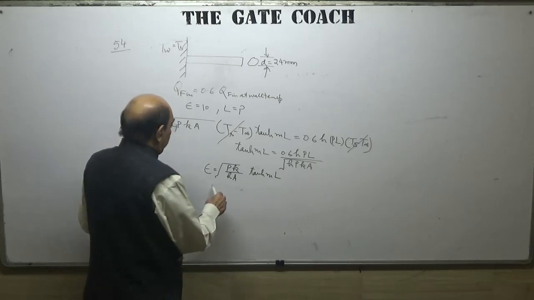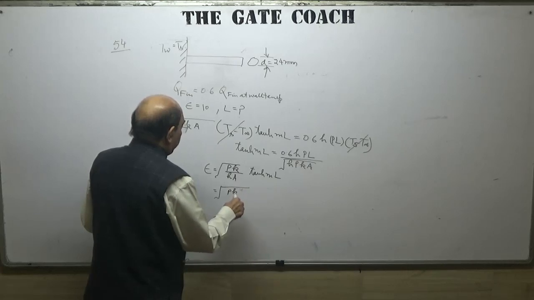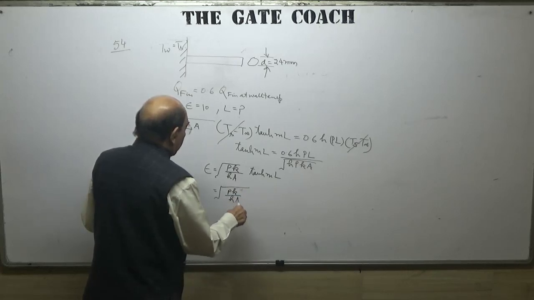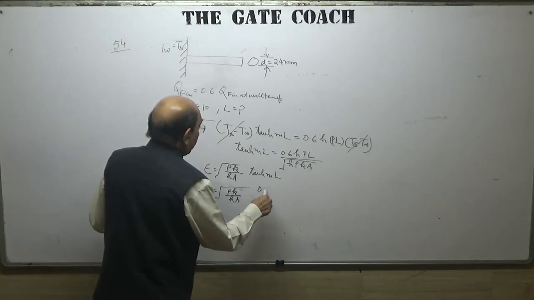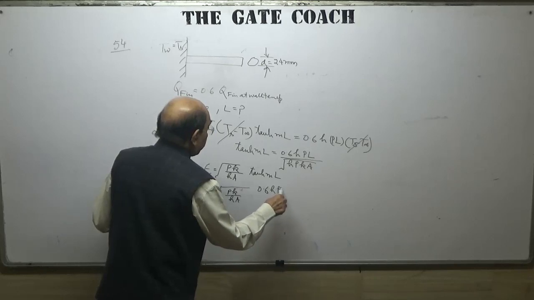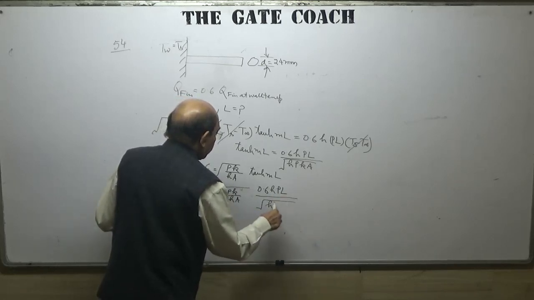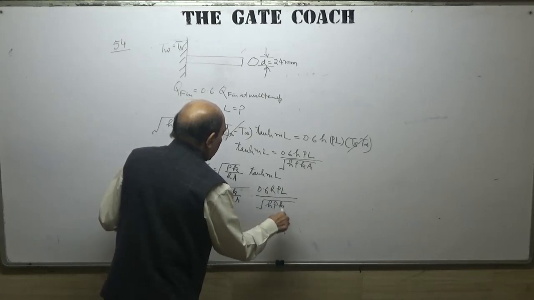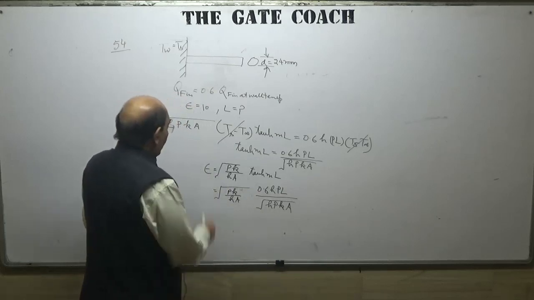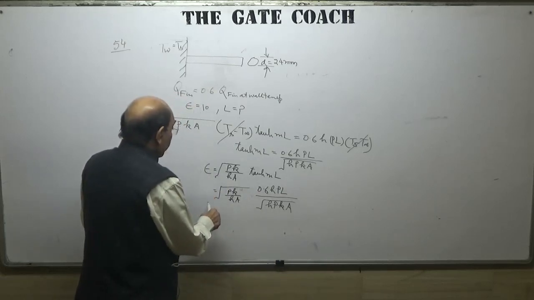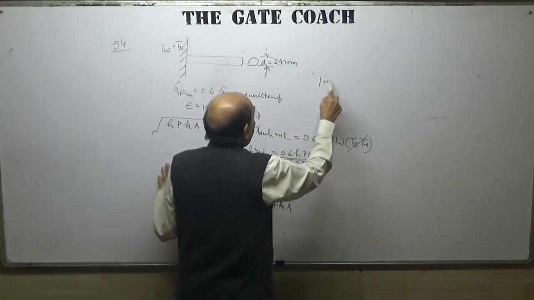If I substitute the value of tan hyperbolic mL, it is under root of Pk upon hA into 0.6 hPL upon under root of hPkA. And this effectiveness is given to be 10.